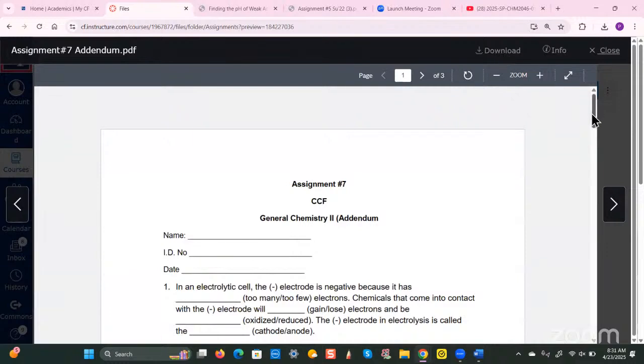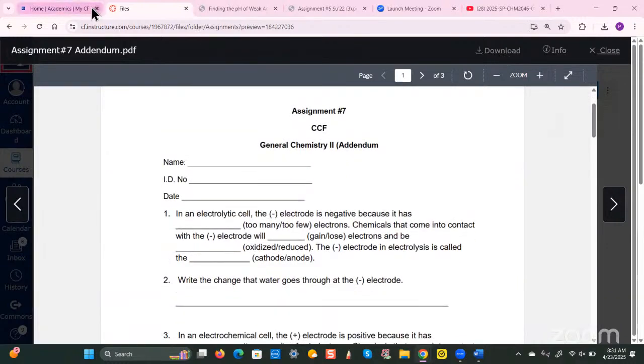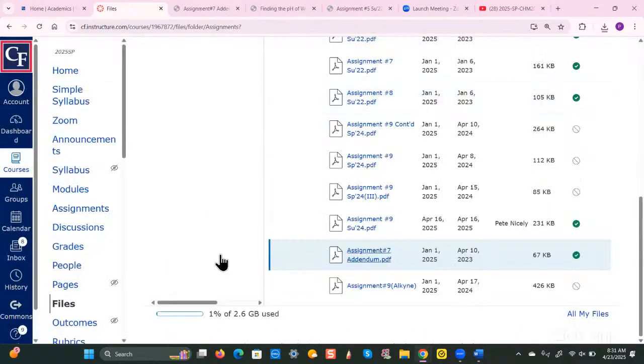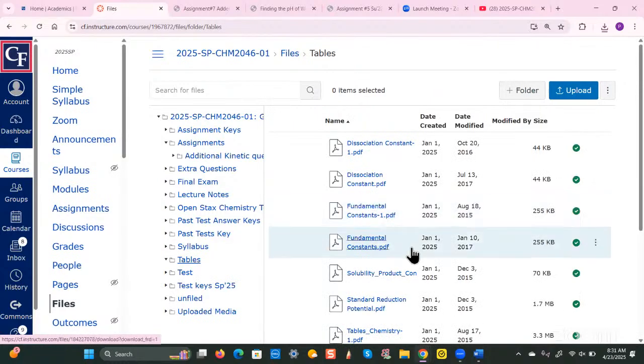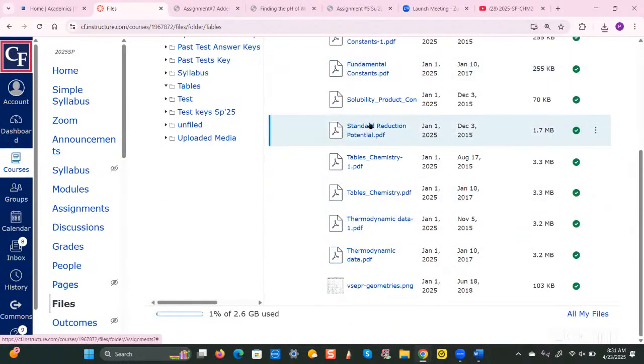Yeah. Okay. Now for this one, you're going to need a table. Let me download this here first, and then let me get to the table. So the table you're going to need is, where is it? Tables, which you'll have access to, of course.